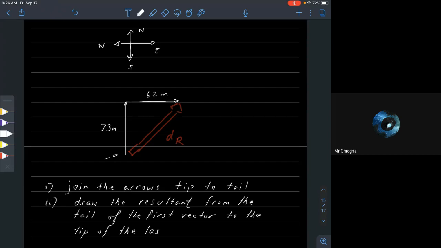The last vector is the second vector in this case. There could be three or four vectors. So whatever the tip of the very last vector is, that's where you connect the tip of the resultant. So it's backwards for the resultant. The tail matches the tail of the first, and the tip of the resultant matches the tip of the last. I just finished this sentence here: draw the resultant from the tail of the first vector to the tip of the last vector.